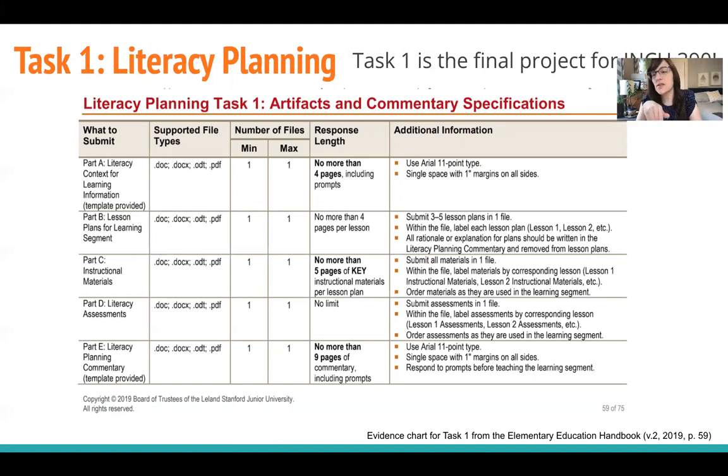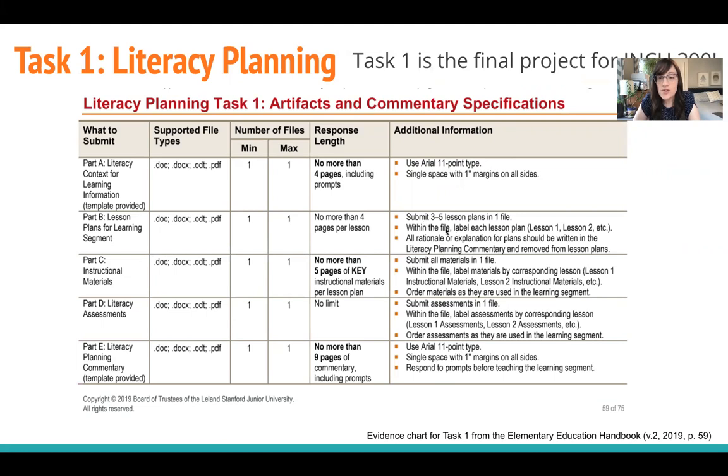In 390, you can keep your things as Google Docs, but everything needs to be Arial, size 11 point font, single spacing with 1-inch margins on all the sides. That's for your context for learning, and that's for your planning commentary.